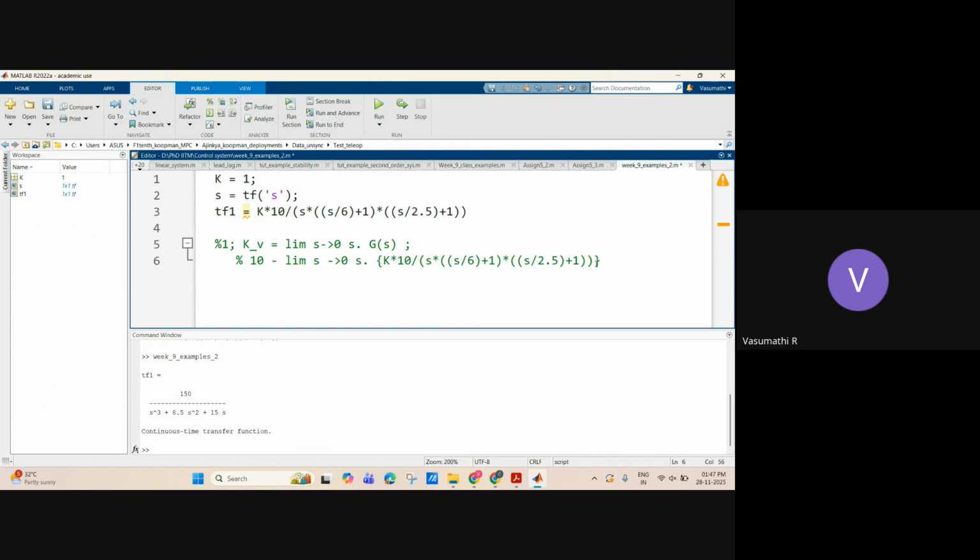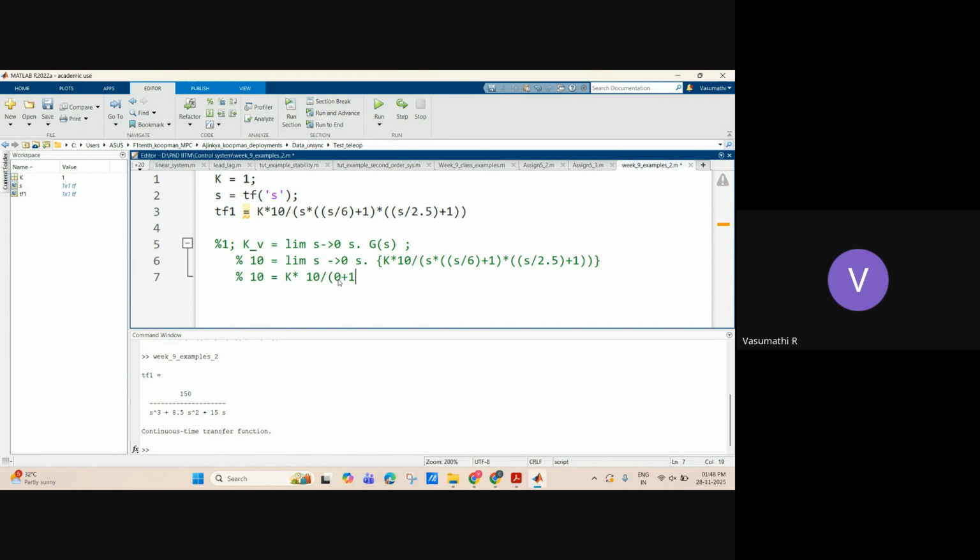We'll solve it by hand, and let me know the k value. Put s equal to 0 in all these terms. So 10 equals k into 10 divided by s times the rest; this s and this s will get cancelled, then the rest of the terms are 0 plus 1 each, so they will be 1.